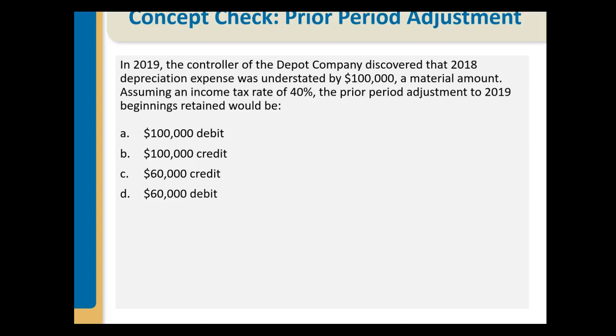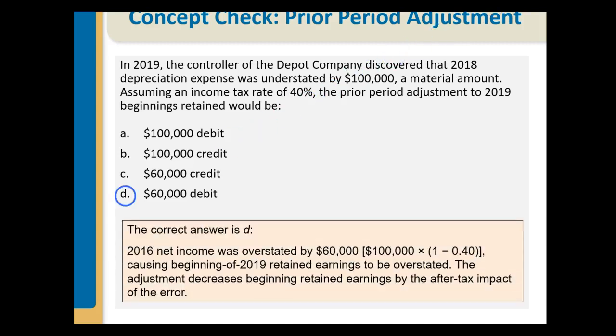So, a concept question for you. In 2019, the controller of the depot company discovered that 2018 depreciation expense was understated by $100,000, a material amount. Assuming an income tax rate of 40%, the prior period adjustment to 2019 beginning retained earnings would be a $60,000 debit.